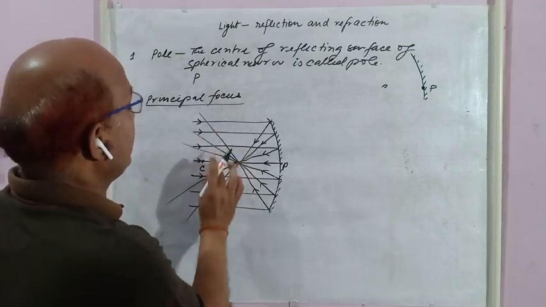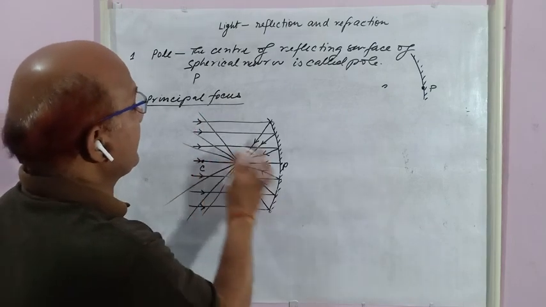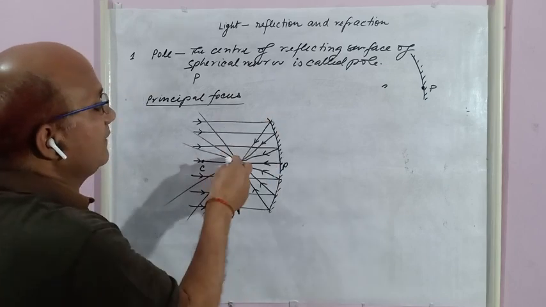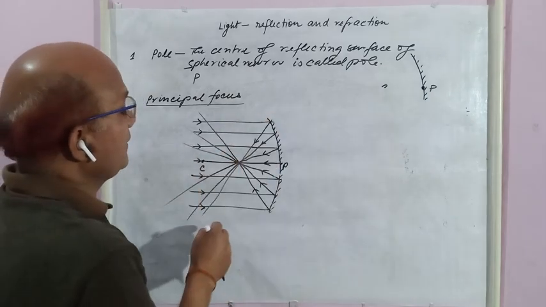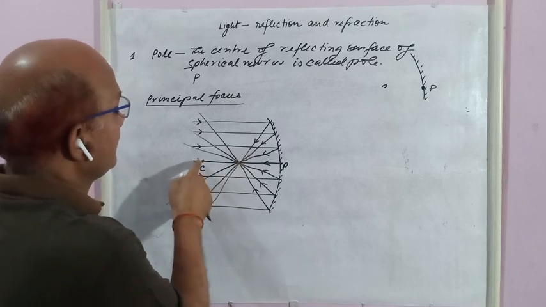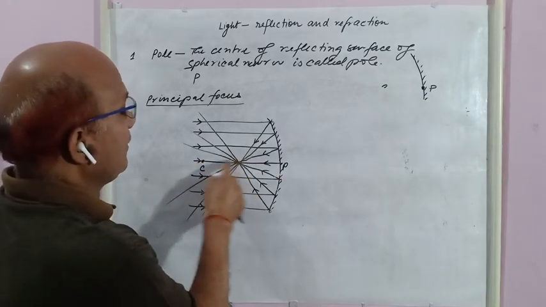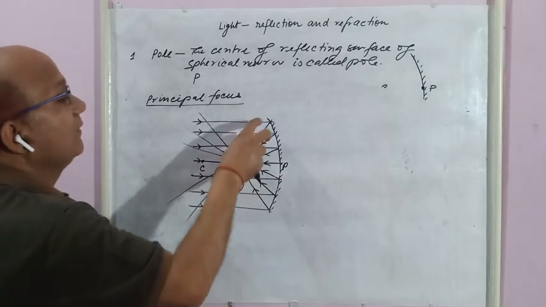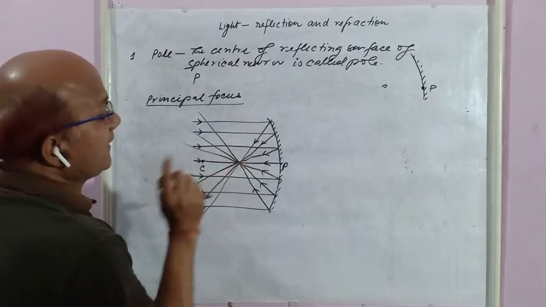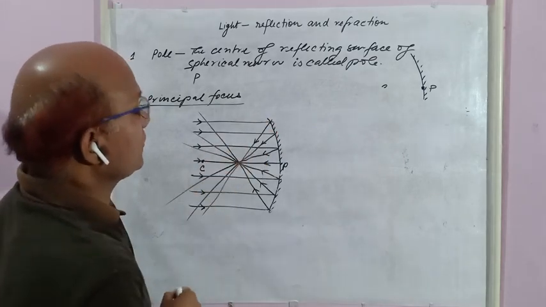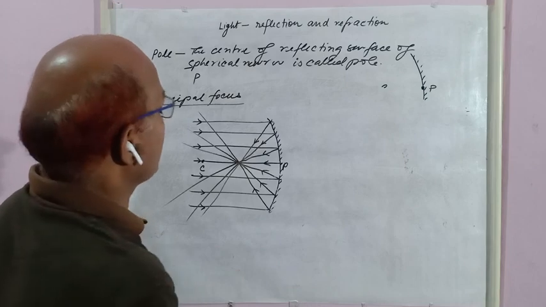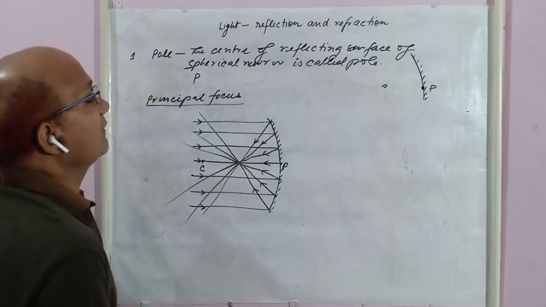The rays of light parallel to the principal axis, after reflection, they meet at a point. Where is this point? This point is somewhere on the principal axis. This point is called the principal focus of the concave mirror.